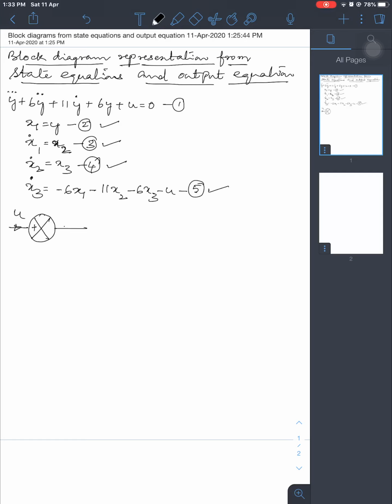Let us try to take x3 dot as the output of this, wherein you may require inputs here. We may require another input. We may require one more input.